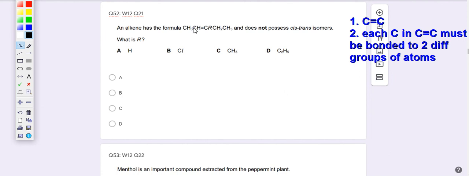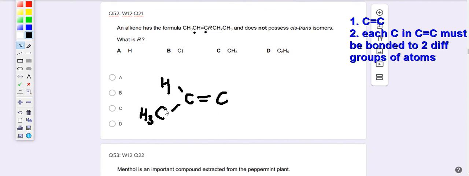These two carbons share the double bond, this carbon and this carbon. The carbon on the left is bonded to H and CH3, so it is already bonded to two different groups.